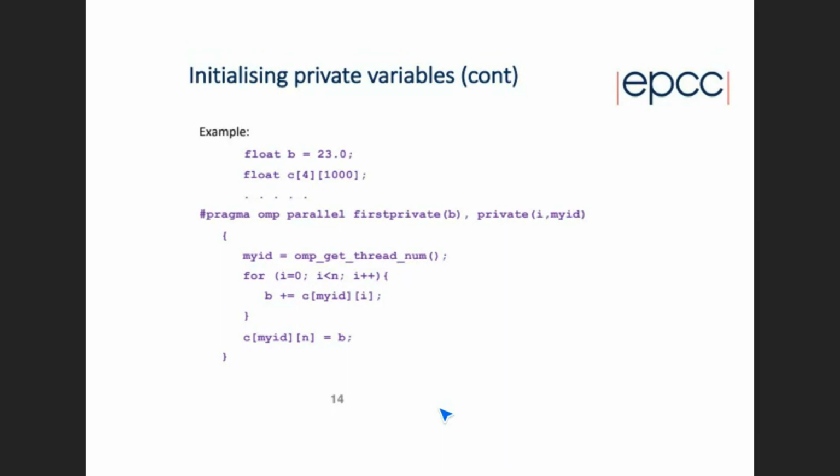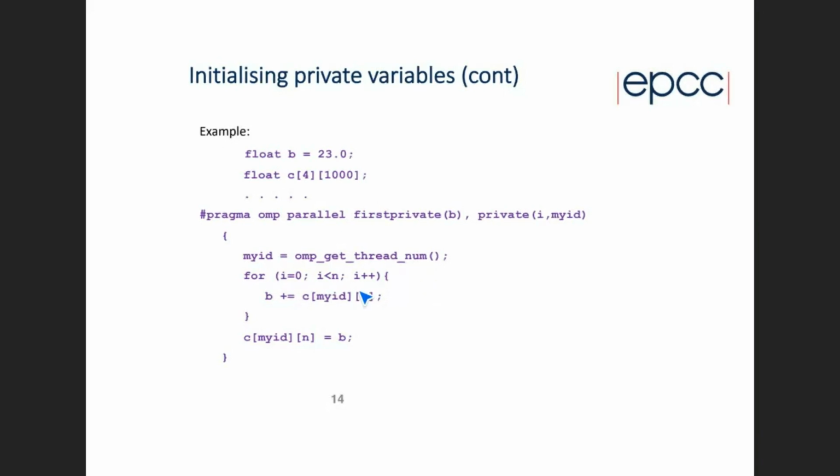Okay, so here's a seriously contrived example. I do a similar thing of operating on elements of an array here. Suppose I have a variable b that has some initial value.